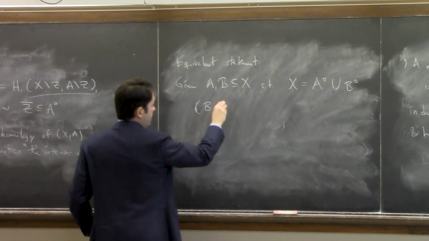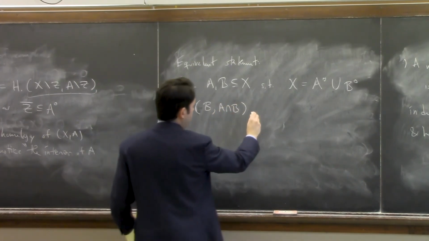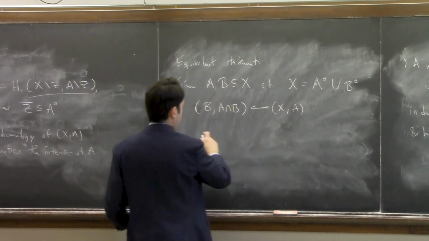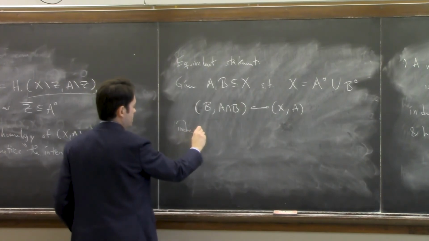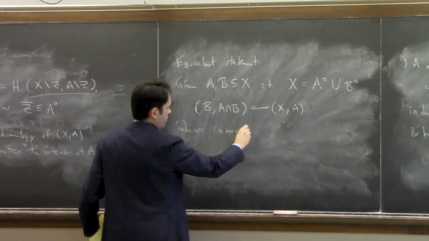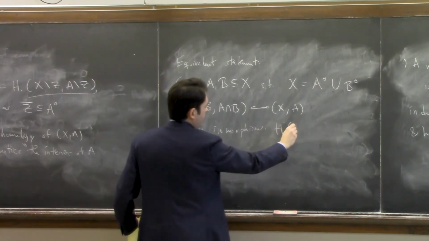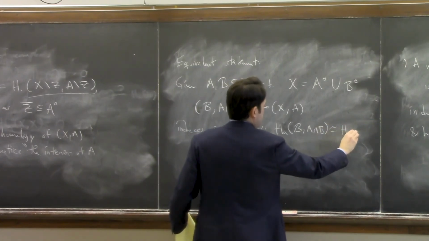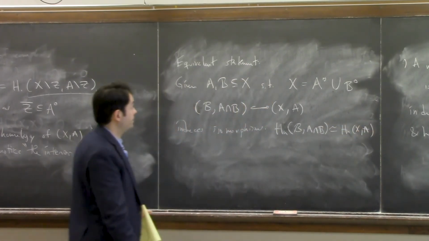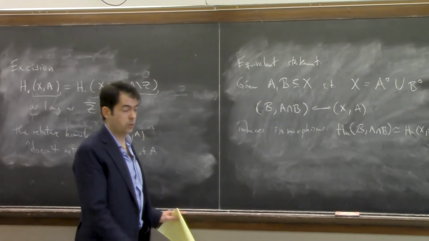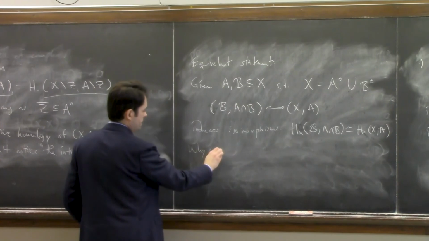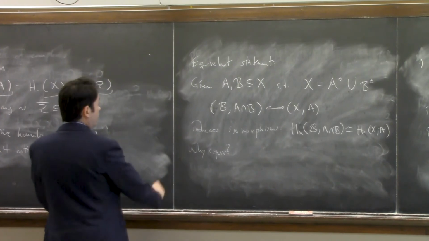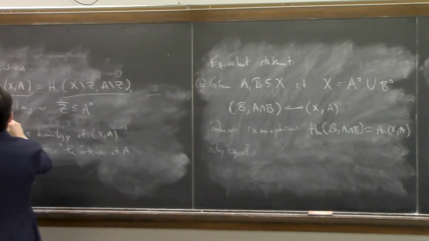If you take (B, A intersect B), and then you include this into (X, A), then this induces isomorphisms in homology. Right. So why is this equivalent? Okay, so let's call this statement B, and this is statement A.